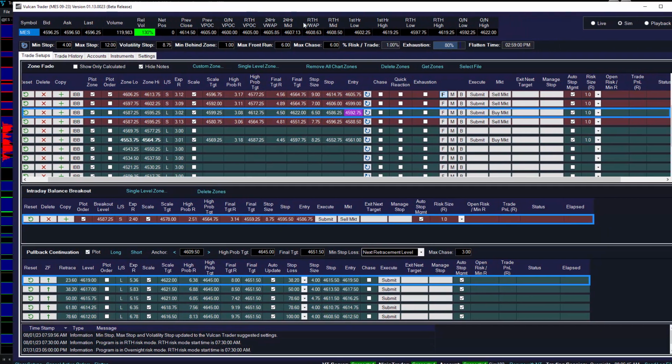And within Vulcan, we have a column called open risk. So it starts off as 1R or whatever risk size you use. So if you choose to use double the size, it'll start off as 2R. And then once that scale out gets hit, the open risk will change to 0.5R, indicating that now you have 50% of your typical risk on.